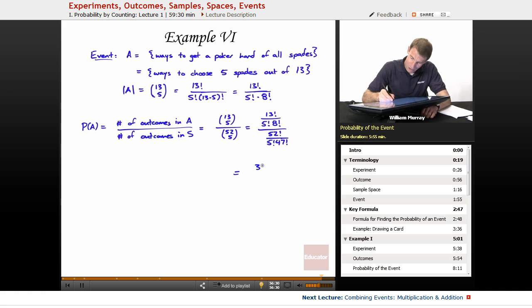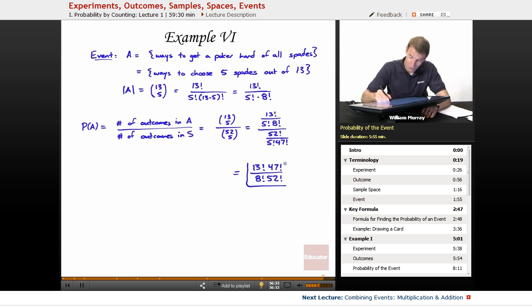So 13 factorial divided by 8 factorial times 52 factorial, and then the 47 factorial would flip up to the numerator, and the 5 factorials would cancel.